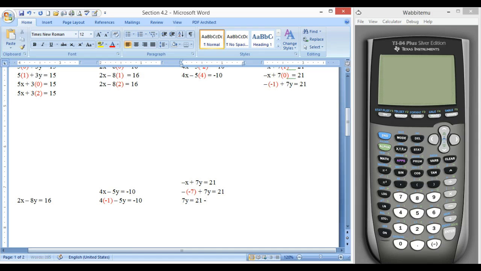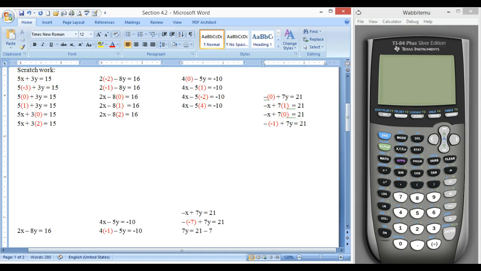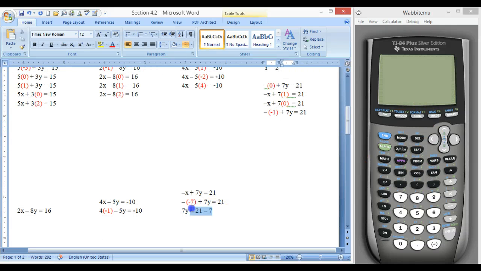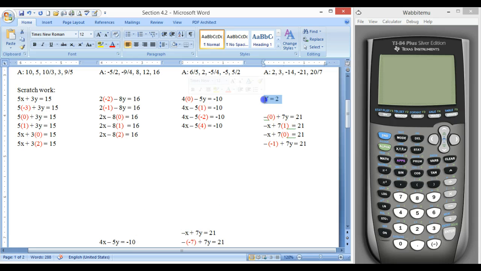It cancels out when I subtract 7. 7y equals 21 minus 7 is 14. Divide both sides by 7. Isolates the y, and 14 divided by 7 is 2. So we'll put a 2 up here and delete some of this to hopefully help out.